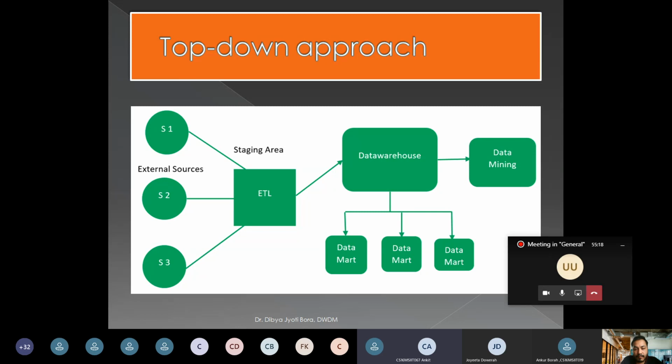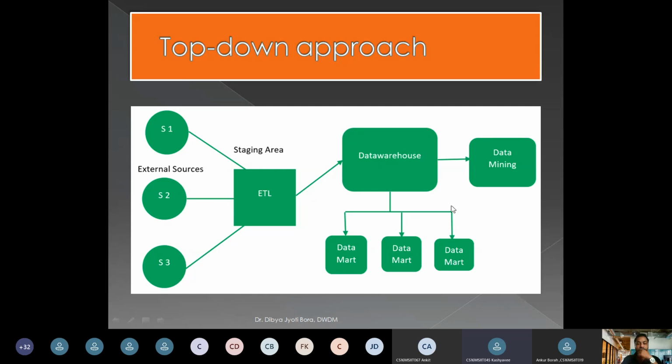Sir, because we are building the data warehouse, and from the data warehouse, the data marts will be divided. Then it will be built. First, the data warehouse will be built. Very good. Because the data is taken from different sources. If we don't get the data, we can't do the processing and cleaning part. Then send it to the data warehouse, then data mart, and do all the process.